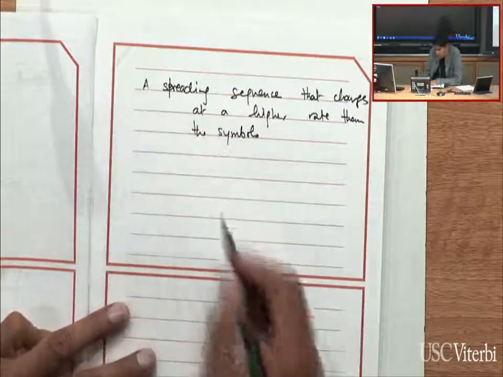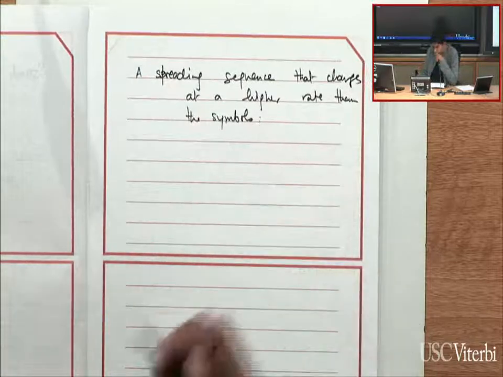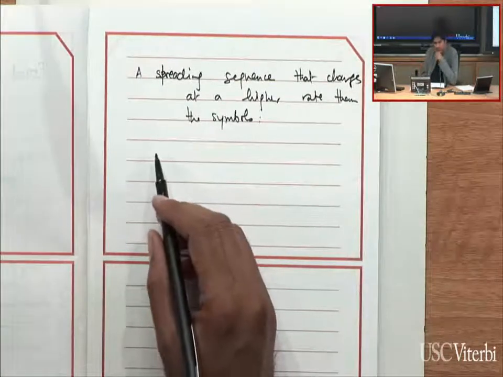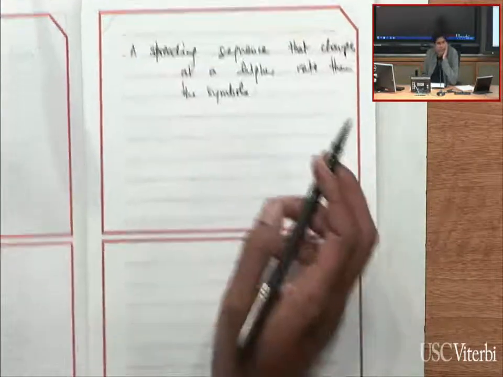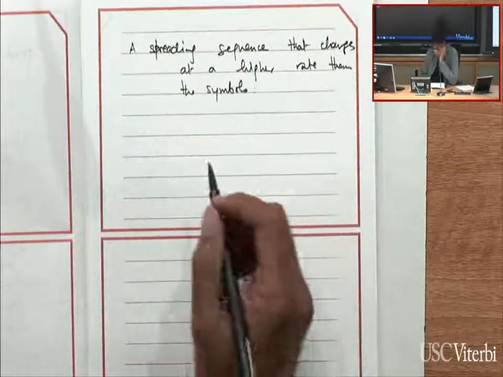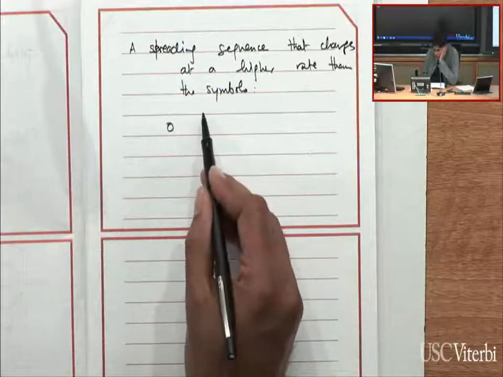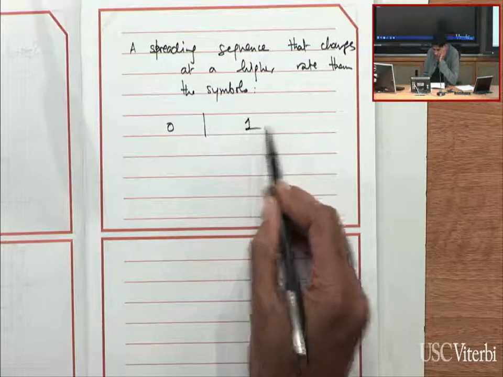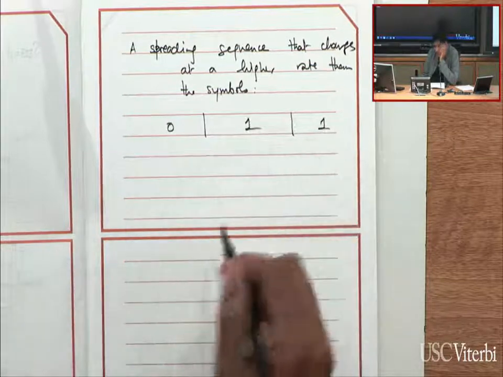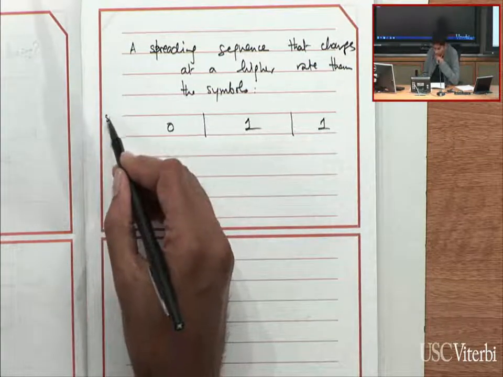So let's take a very simple example where you're just communicating a binary stream. You have a bunch of zeros and ones. And originally you wanted to communicate just 0, 1, 1. Let's just take this simple example. Okay, so this is the original symbols.